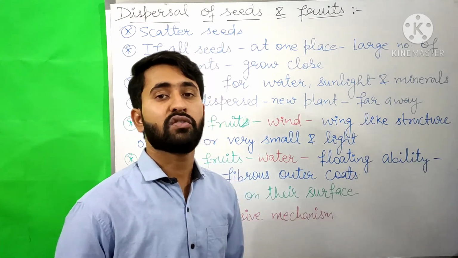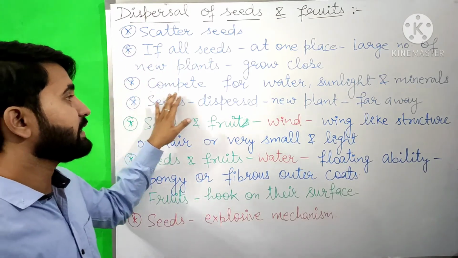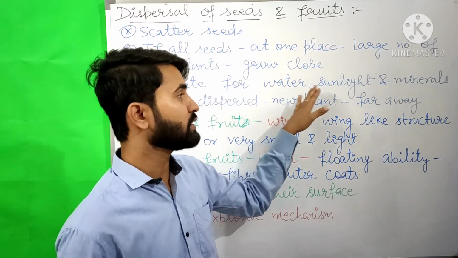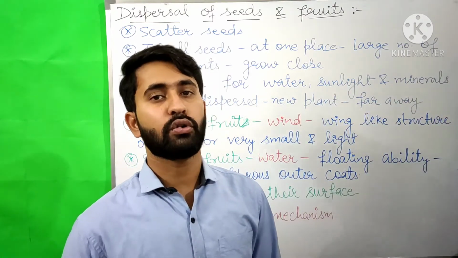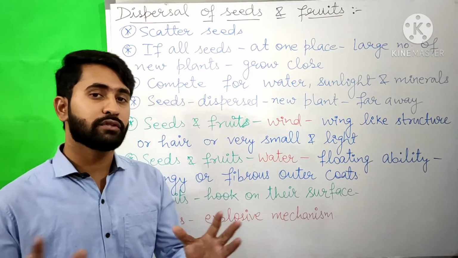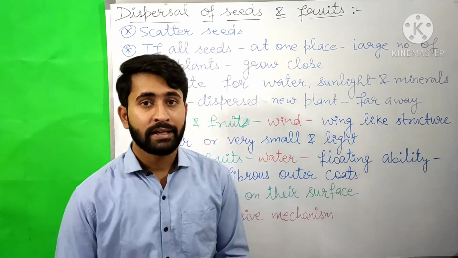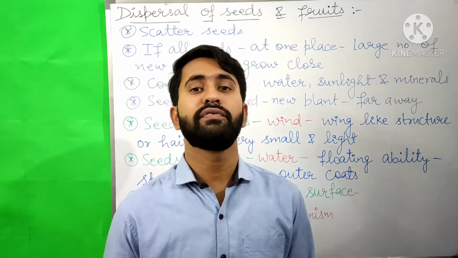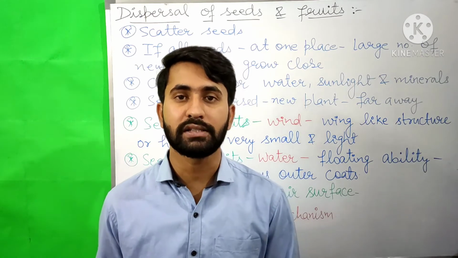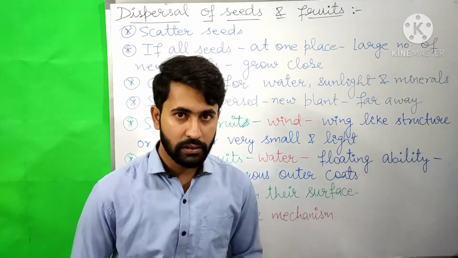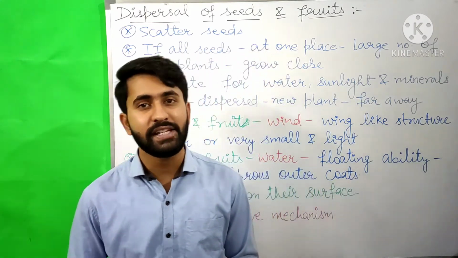The large number of plants growing together will compete with each other for water, sunlight and minerals. They will not be able to grow properly, and many of those plants will die. To prevent the overcrowding, the seeds and fruits of many plants are adapted for dispersal. When the seeds are dispersed, then the new plants grow far away from each other.